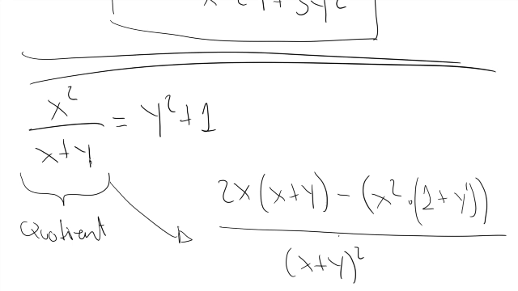And the derivative of y, since there's no exponent or anything like that, is simply going to be y prime. That's why I get x^2, the numerator, multiplied by the derivative of the denominator, that in this case is going to be 1 + y prime. All that divided by (x + y)^2. That's just the derivative of x^2 over x + y by using the quotient rule.